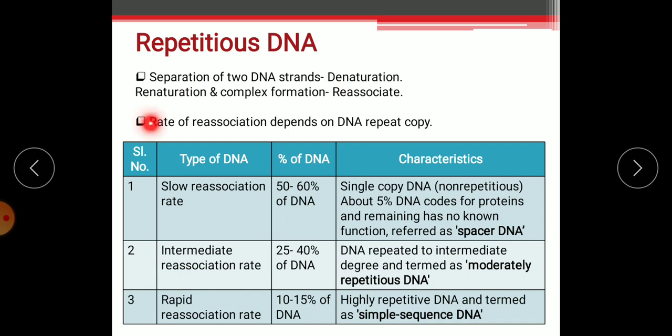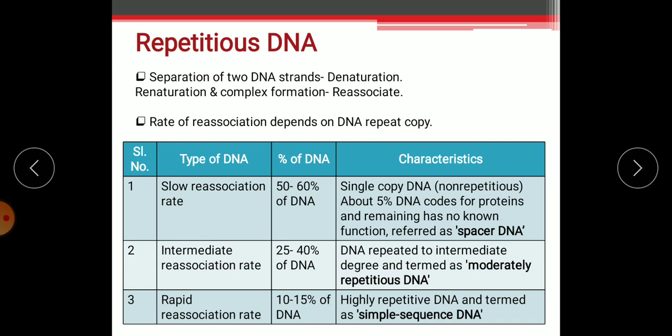And this rate of reassociation depends totally on the DNA repeat copies. The rate at which the two strands of DNA will get reassociated depends on the DNA making its repetitive copies.